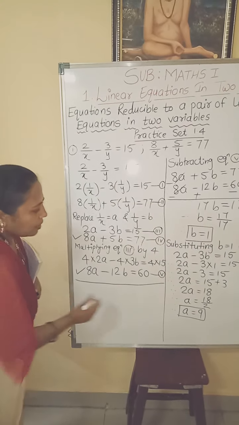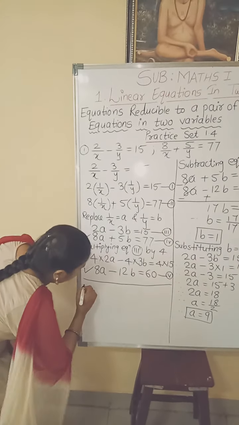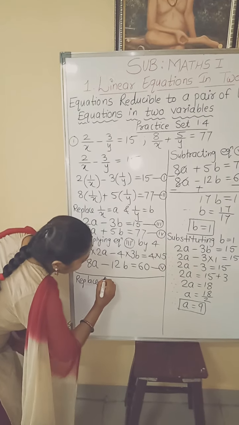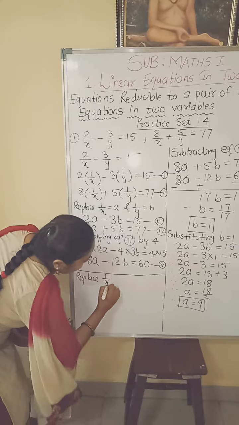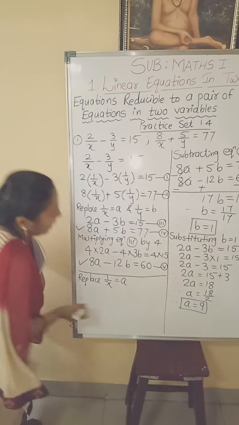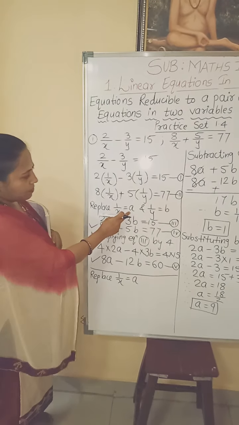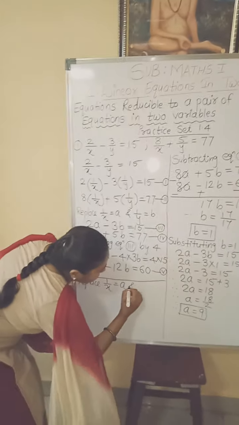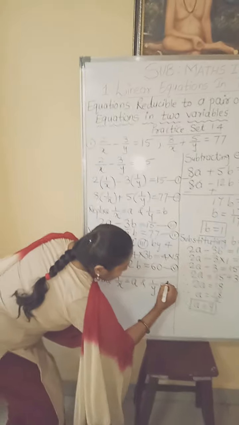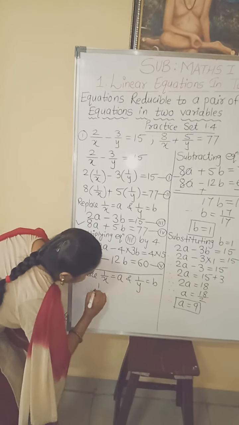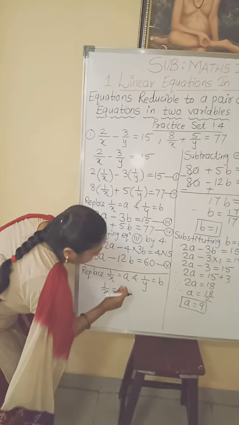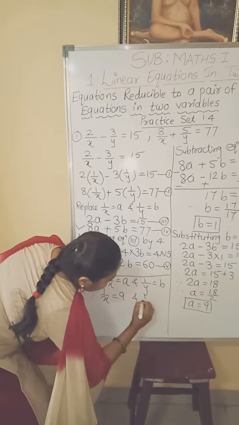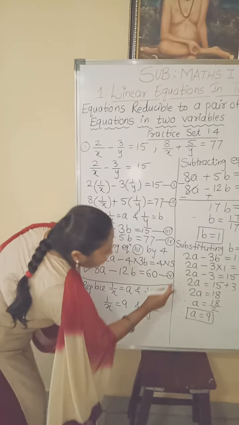Replace 1 upon x is equal to a, as we wrote here, and 1 upon y is equal to b. So therefore, 1 upon x is equal to the value of a we got, 9, and 1 upon y is equal to 1.